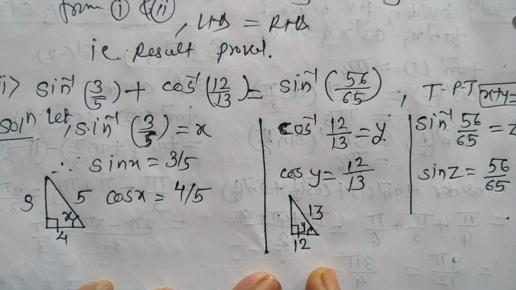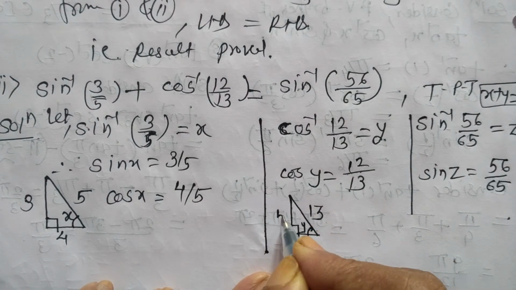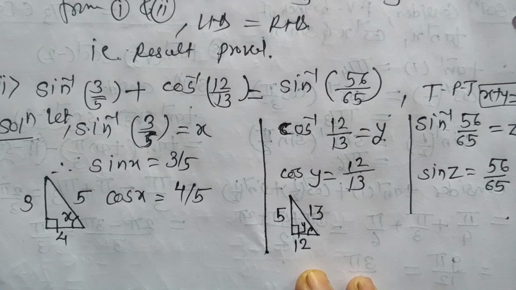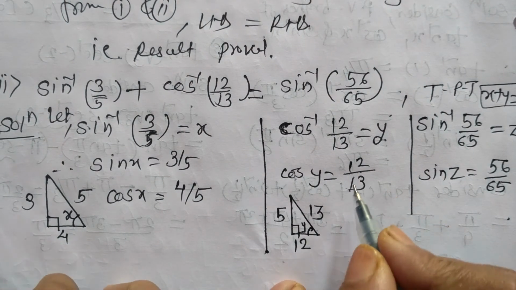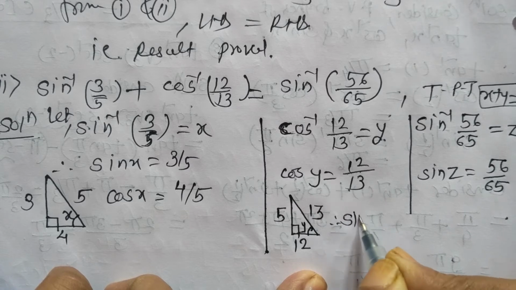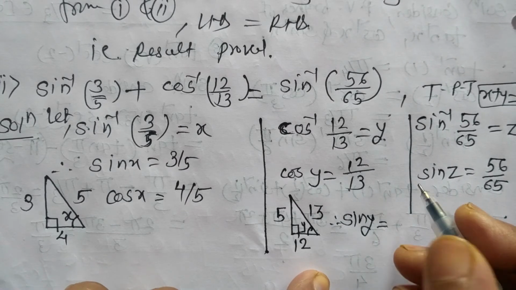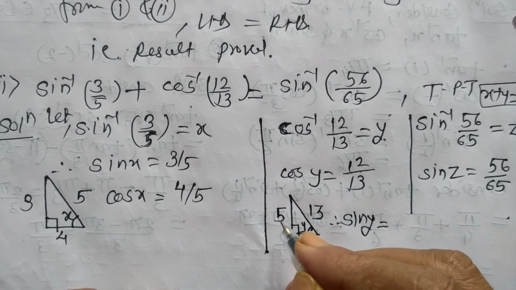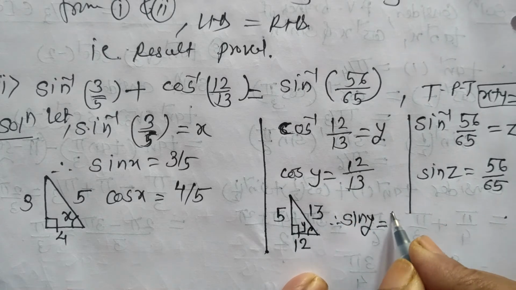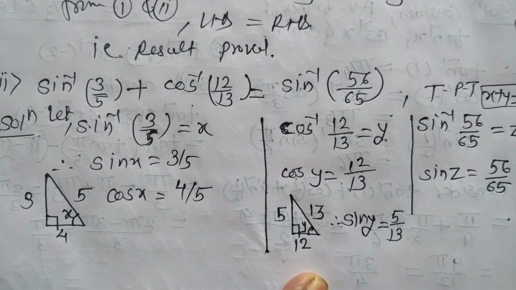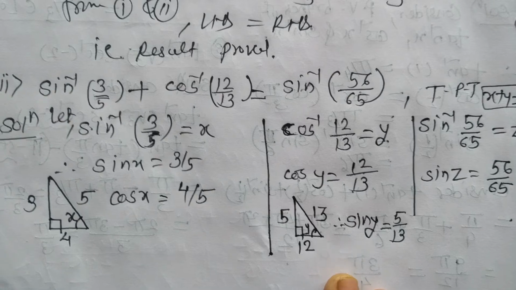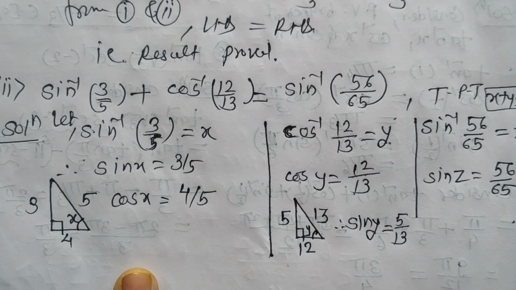So by using the Pythagoras triplet, the length of the opposite side of angle y is 5, as 5, 12, 13 is one of the triplets. With the help of this, we find the remaining ratio sine y, which is the length of the opposite side upon hypotenuse, that is 5 by 13. Once you find the measurement of the remaining ratios for the given angles.